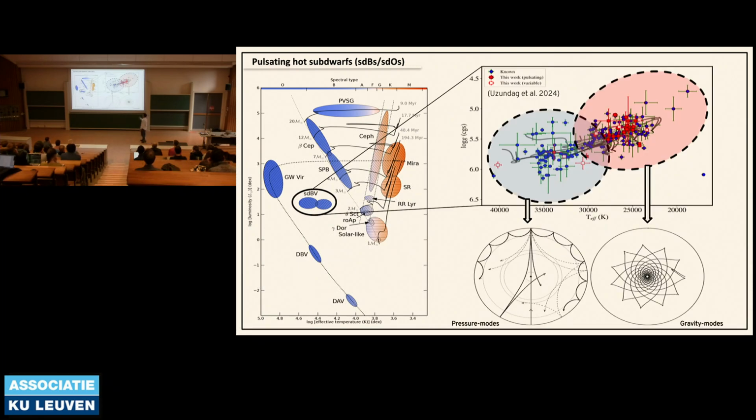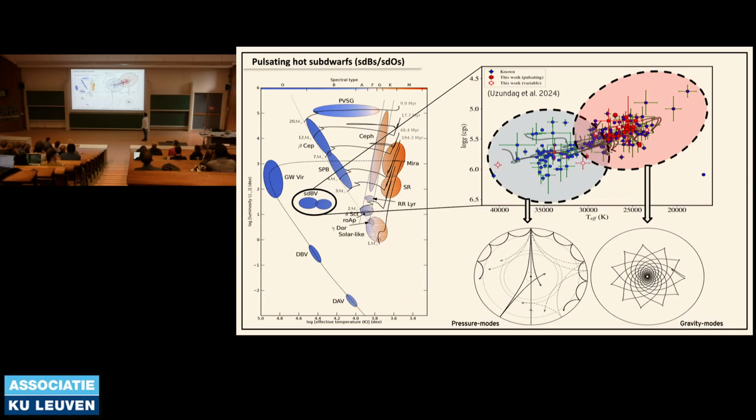And if you look at the effective temperature versus log g diagram, these short periods, which are associated with pressure modes, which are sensitive to the envelope properties of these stars, are located in the higher effective temperature range and the higher log g. While the long period sdBVs, these modes are associated with gravity modes, which probe the deep interior of the stars and the core conditions of the stars.